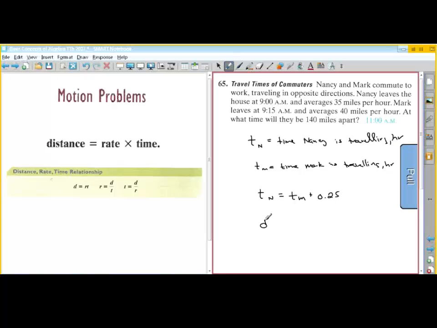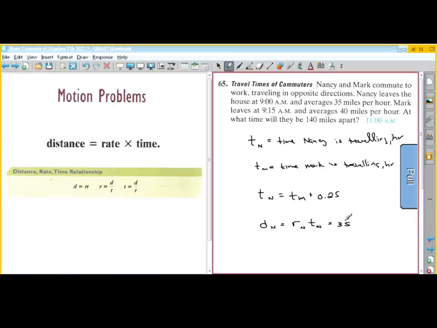Now, the distance that Nancy travels, back to this one, distance is rate times time, is going to be the rate that Nancy travels times the time that Nancy travels. And the rate that Nancy travels is 35.